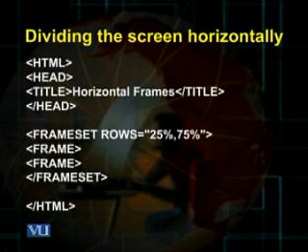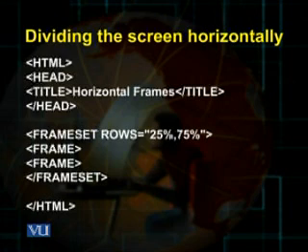So you can see that after the head tag, we start with the frameset tag. In the frameset tag, I have used the attribute rows, and I have kept the value of this attribute rows as 25% and 75%. And then I have used two frame tags. Frame tags have no corresponding end tag.